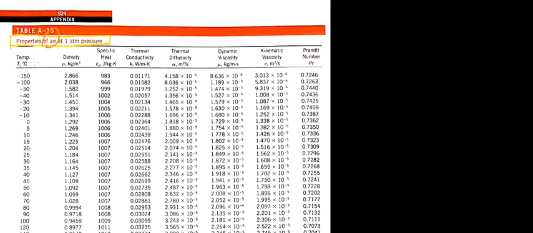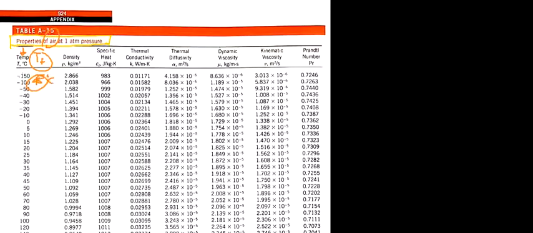As you can see here on the left, we have the data for the temperature, and this temperature is what we call the film temperature. Based from our computation, the film temperature, the average of the surface temperature and the fluid temperature, is 45 degrees Celsius.